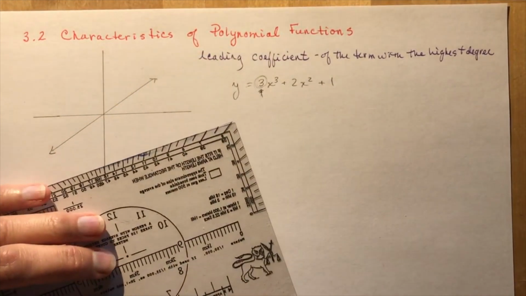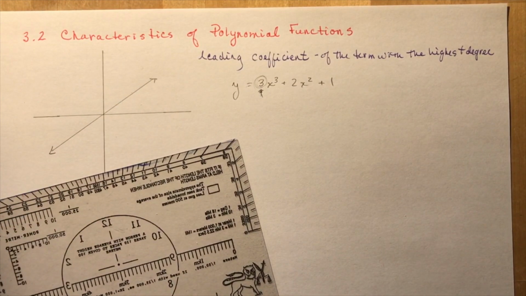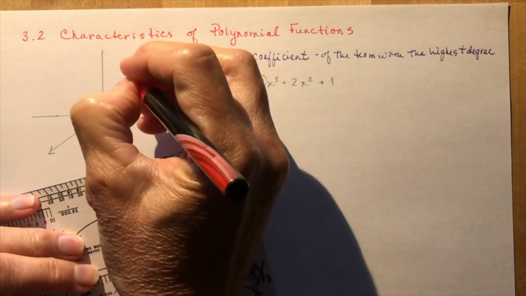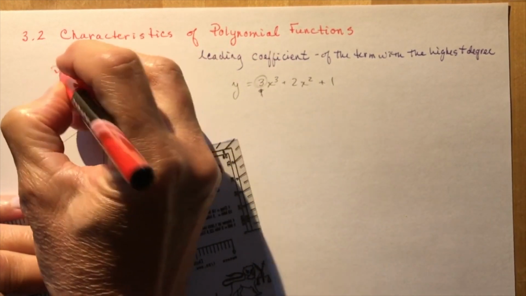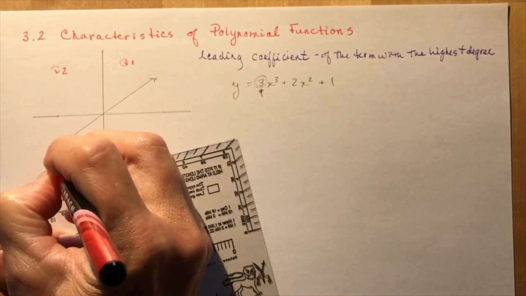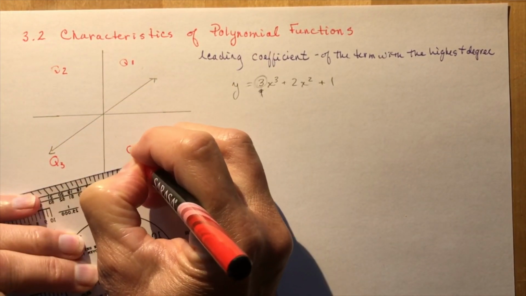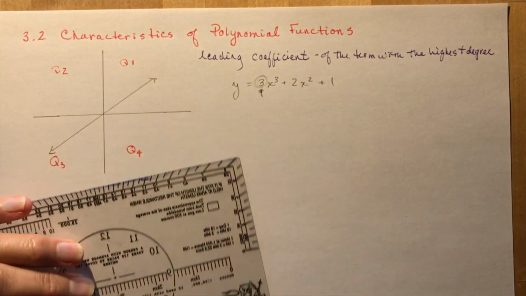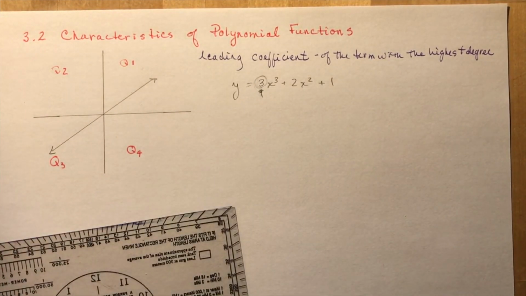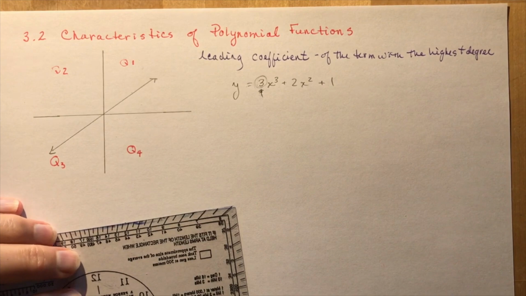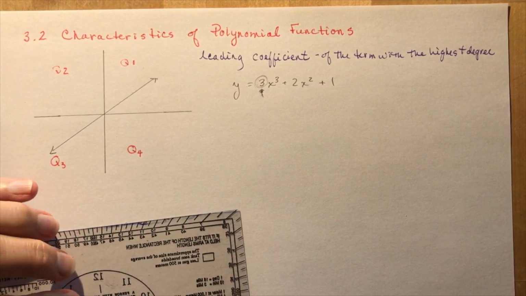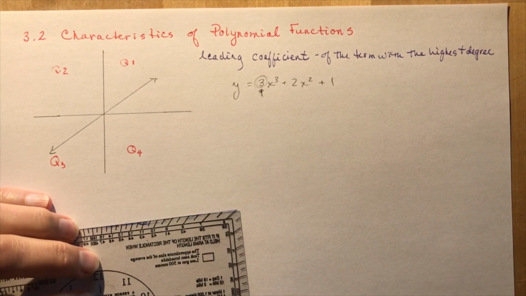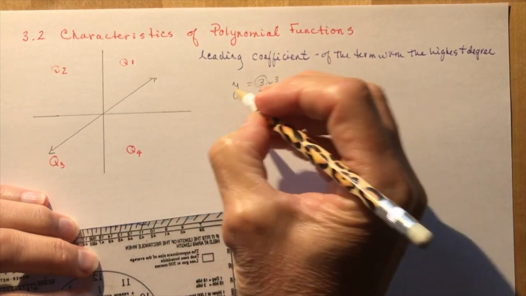Now thinking back to the names of quadrants, because you need to know what quadrant you're in. This is Q1, this is Q2, this is Q3, and this is Q4. So if we have a polynomial where the coefficient is positive for an odd degree function, so odd numbers, right?